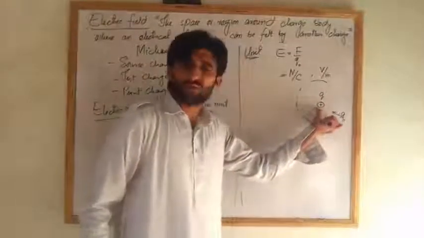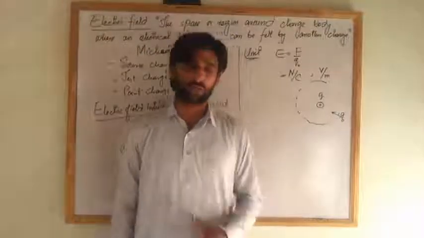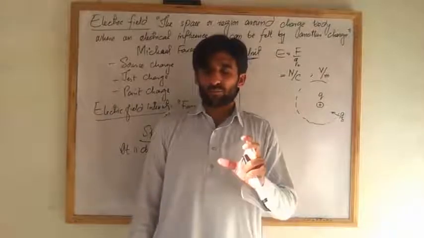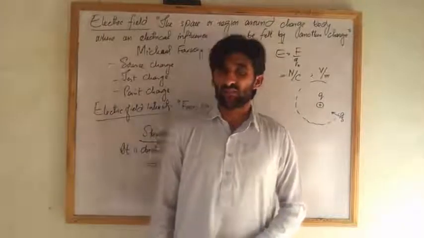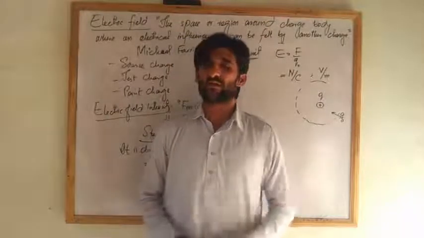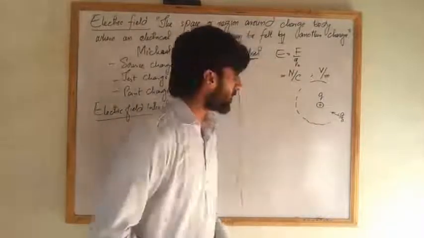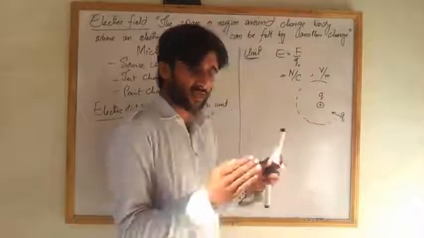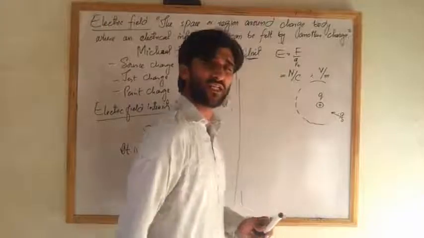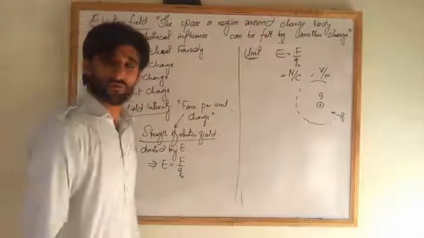According to Coulomb's law, if the same charges approach each other, the force of repulsion will be there, and if different charges approach each other, the force of attraction will be there. These two charges have some distance between them, and when this charge moves towards the field, the distance will vary, and the Coulombic force will be there.